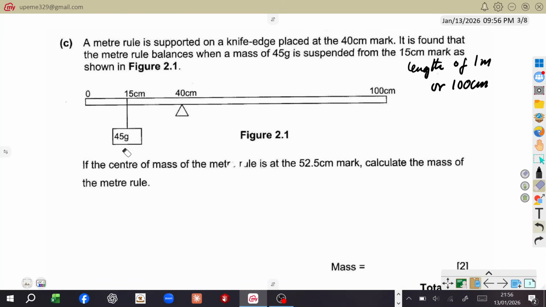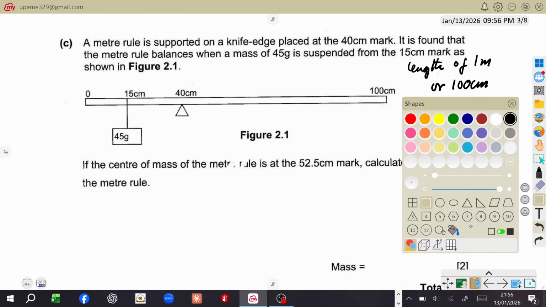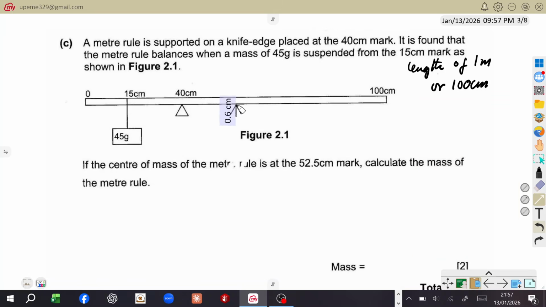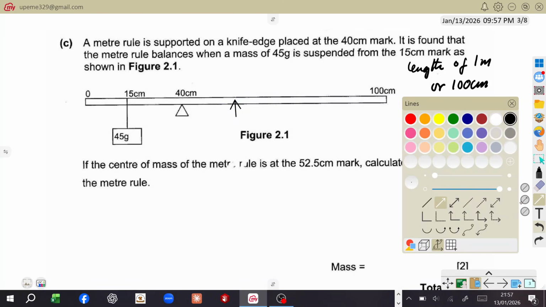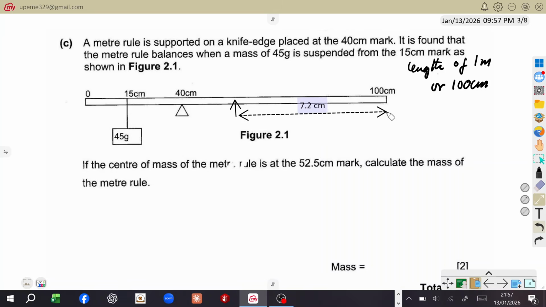So meaning that for it to balance, at the center where the pivot should have been, somewhere here, the center which could be here, meaning from the center to this side 50, and also from the center coming up to the end here should be 50. Now that's where it was supposed to be balanced.